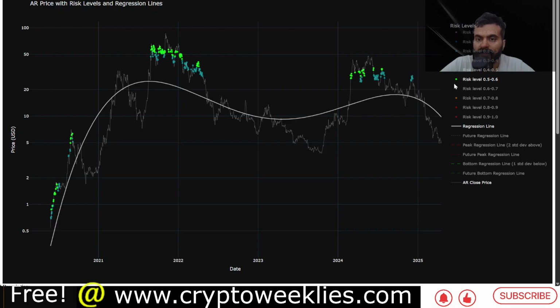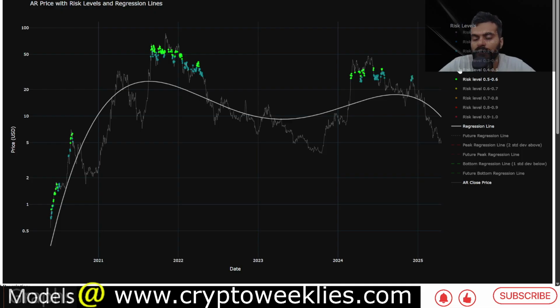Again, if you want to be slightly more conservative, between this 40% and 60%, that dark green and the light green color, usually most of the rallies, even if they eventually result in a lower high like they did back in December 2024, whenever this model says the risks are more than 40%, unless we are in the midst of a parabolic bull run, that DCA out between 40% and 60% risk in step functions is definitely, historically speaking, not the worst idea.